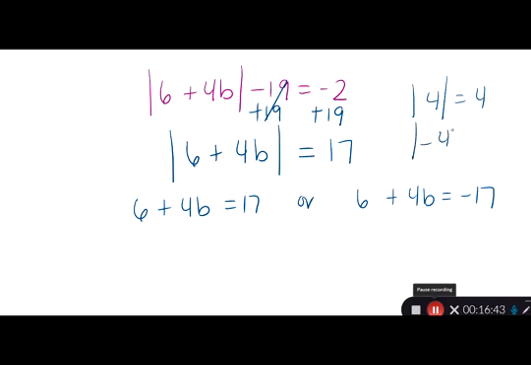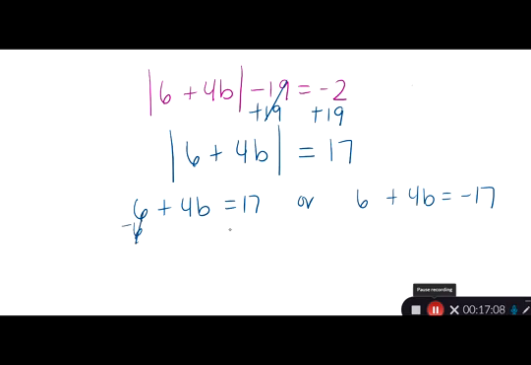But likewise, if I put -4 in, it also gives me 4, because the absolute value is saying, what is the distance from 0 on a number line? And we talked about with 3 that 4 is 4 units away, and -4 is also 4 units away. So when we're solving, we have to incorporate both the positive and the negative, right? So now we need to solve both of these equations.